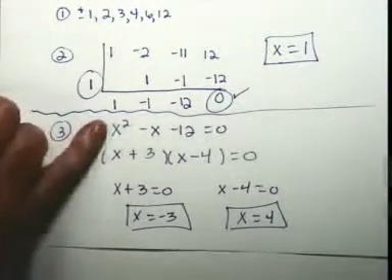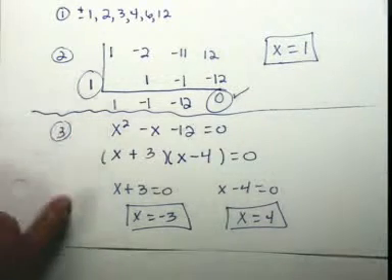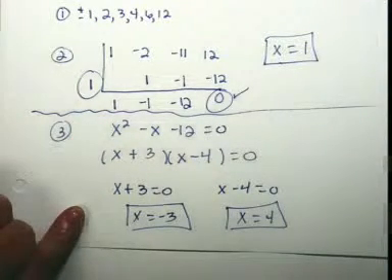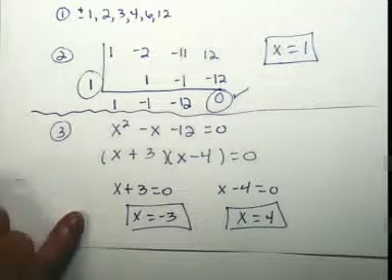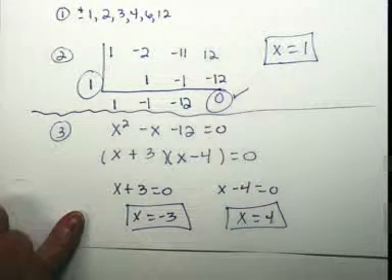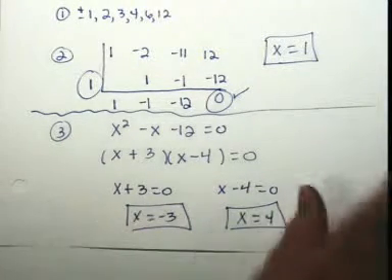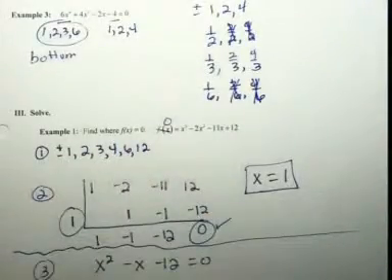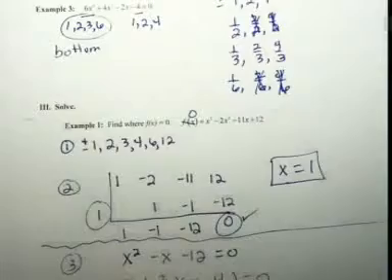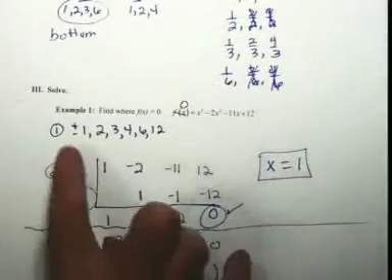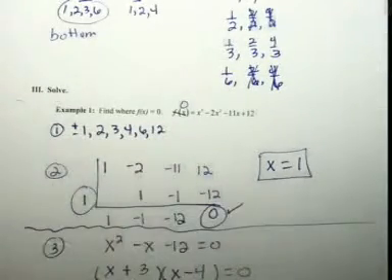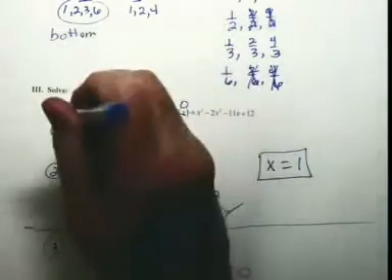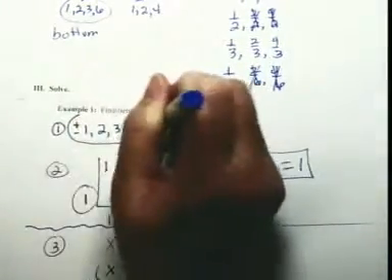Now, if this would not have factored and I'd had to use the quadratic formula, I might have ended up with an answer like 1 plus or minus square root of 2. That is not on my list. So when I do get an answer down here that has a square root or even an imaginary number, it might not be on my list. So this is not actually every possible answer.